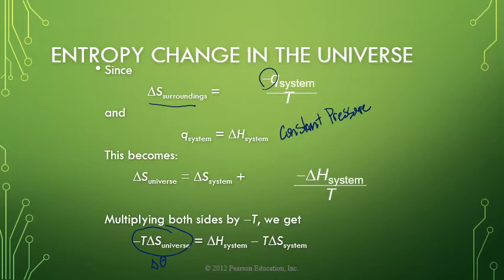When the negative T delta S of the universe is a negative value, then that means that the process is thermodynamically favorable. So again, when negative T delta S is less than 0, we are thermodynamically favorable. To use the correct College Board terminology, I have a thermodynamically favorable reaction or spontaneous reaction. So I hope that clears up any of the confusion that was coming from that last video.